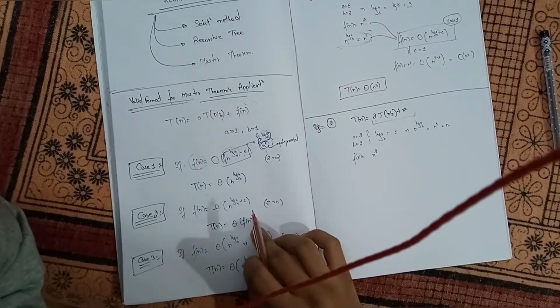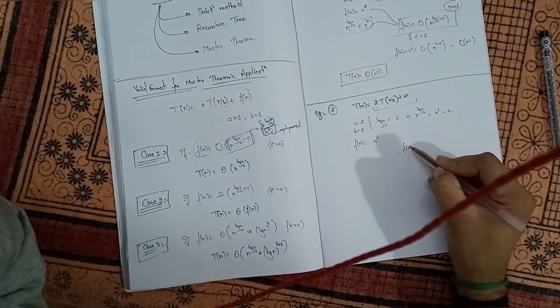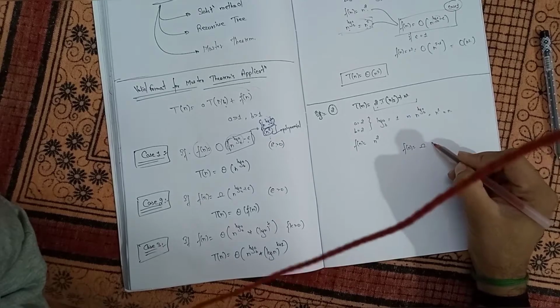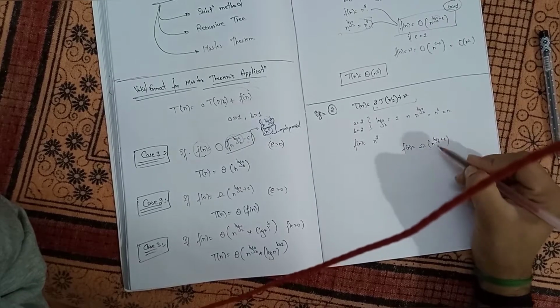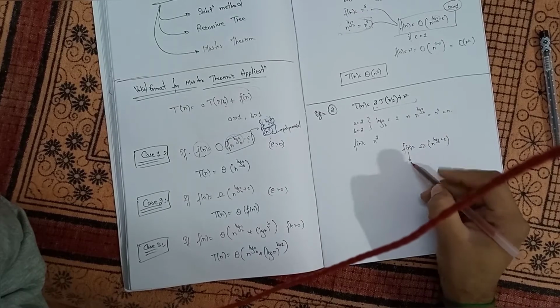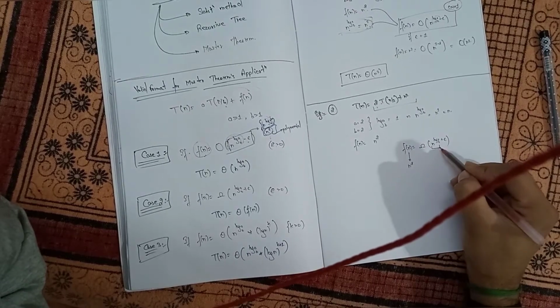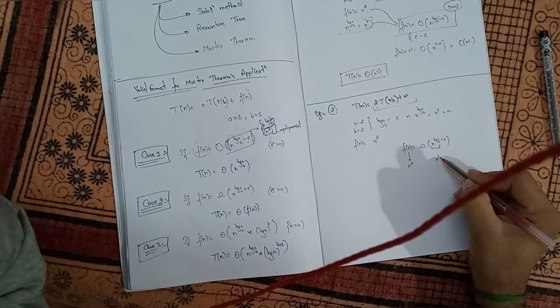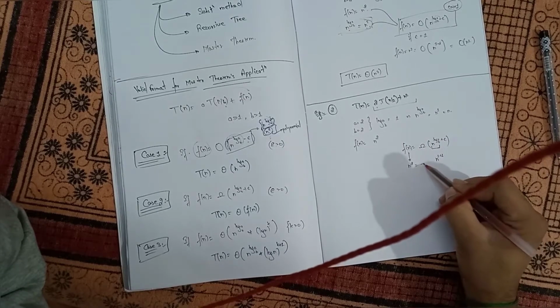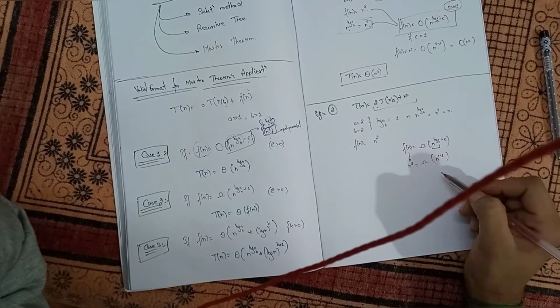Now I can write it in the format of case 2. How? That f of n is equal to omega of n power log a base b plus epsilon. If epsilon is equal to 1, we can see f of n is n square. N power log a base b is n, so I can write it as n power 1. If I add 1, then they are asymptotically as well as mathematically equal.